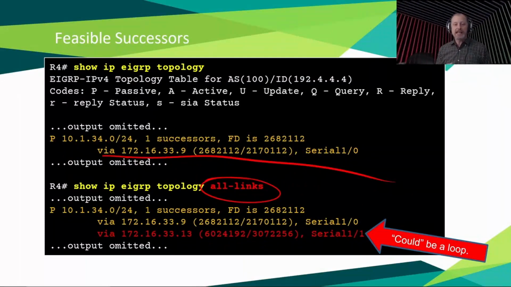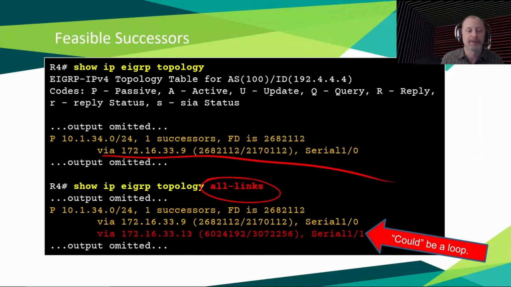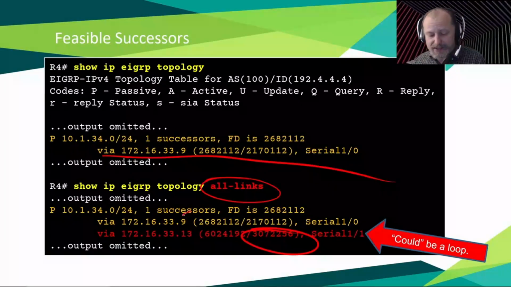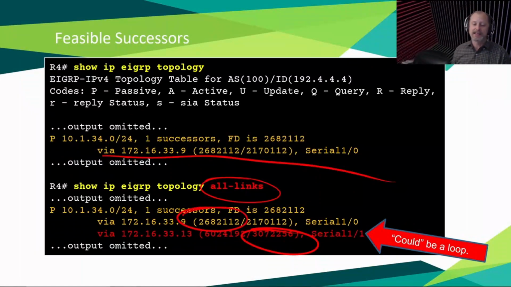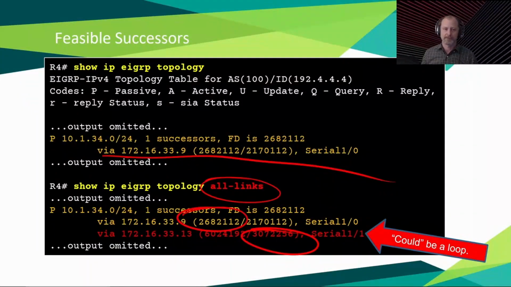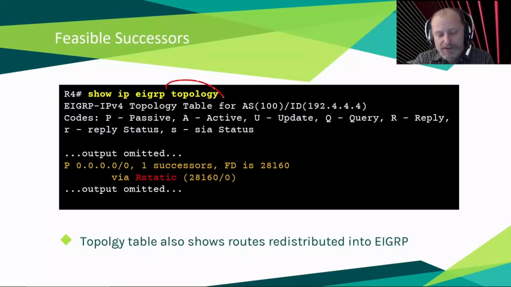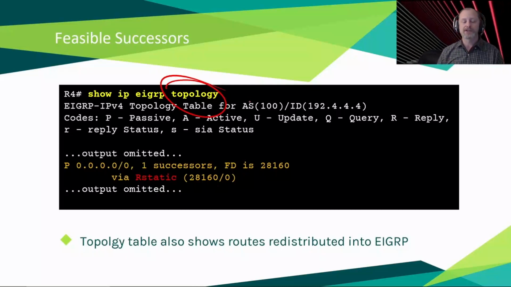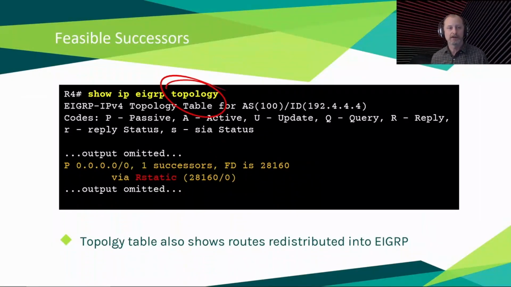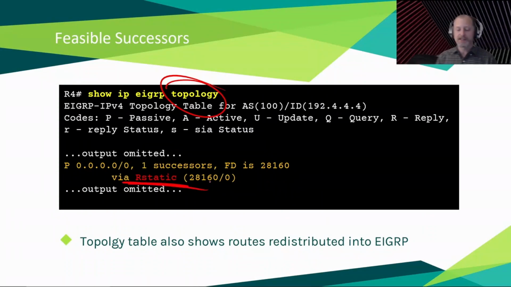And of course, we can't use that as a backup because it could be a loop. It may not be, but it could be. Okay, and that's because that reported distance is not less than our feasible distance. We can also see routes that have been redistributed into EIGRP. So this was a redistributed static route.